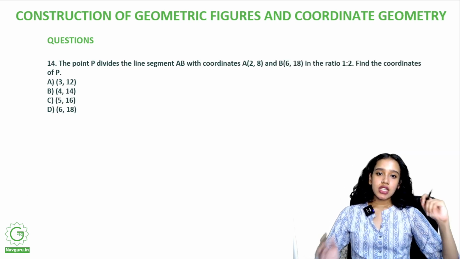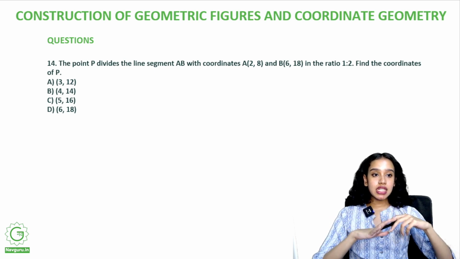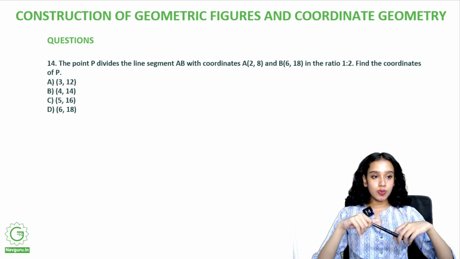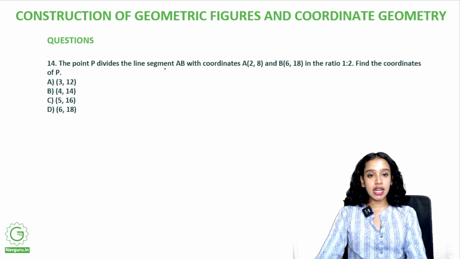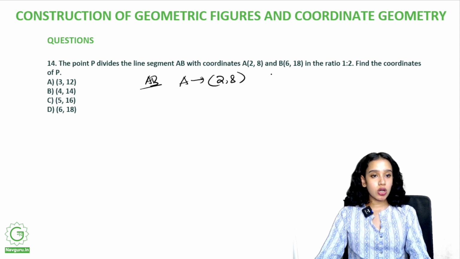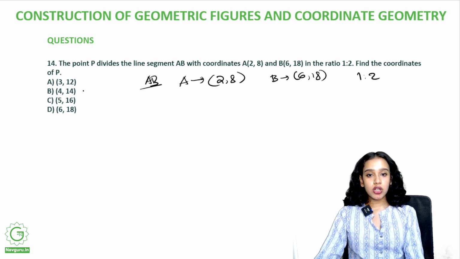Right? Now, the point P divides the line segment AB, with coordinates A (2, 8) and B (6, 18), in the ratio 1:2. Find the coordinates of P. So we have P, which divides the line segment AB, where the coordinate of A is equal to 2 and 8 and the coordinate of B is equal to 6 and 18 in the ratio 1:2. So what all do we have here?